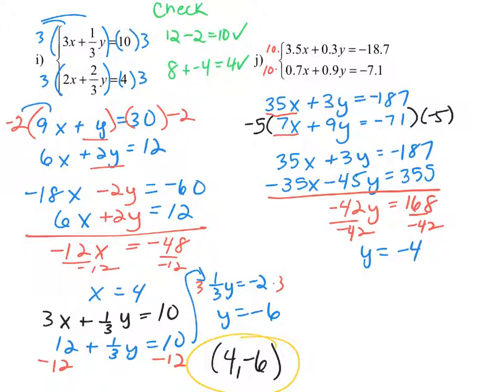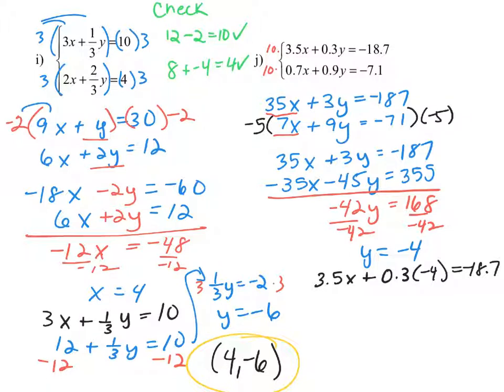Now we're going to plug this back into one of the original equations. I always like to plug it back into the original equation just in case I've made any kind of mistake here, so I don't make more mistakes on top of that. Let's use the first one, 3.5x plus 0.3 times y, but y is going to be negative 4, equals negative 18.7, and negative 4 times 0.3.